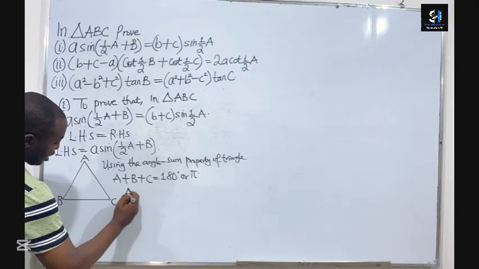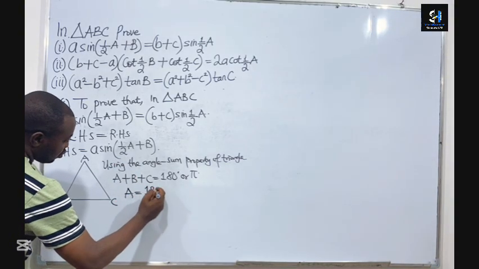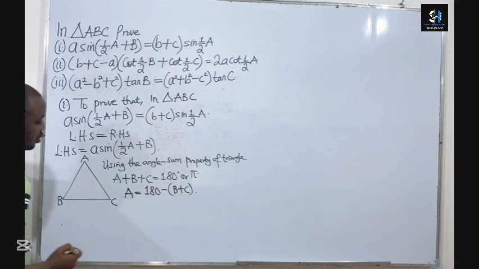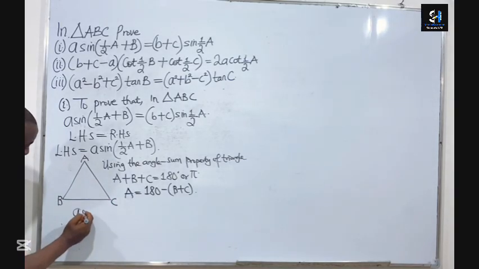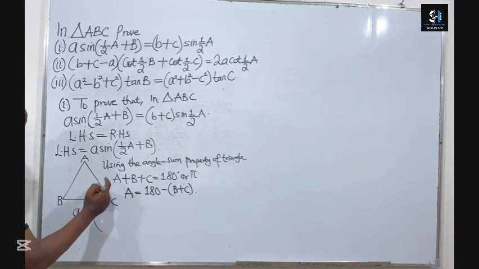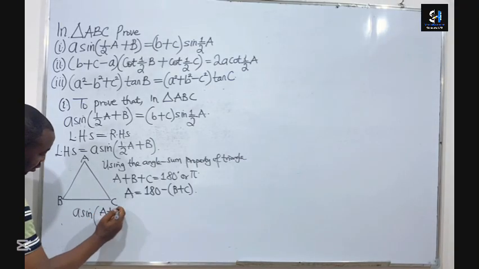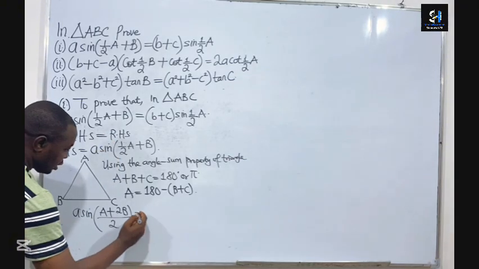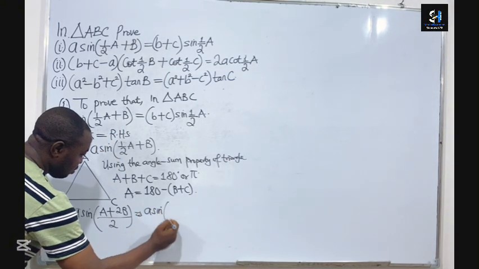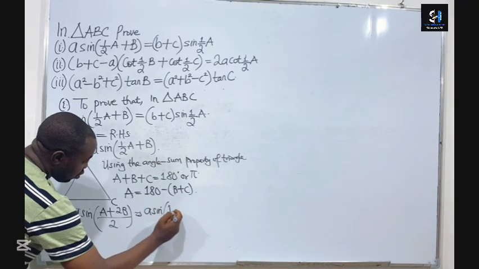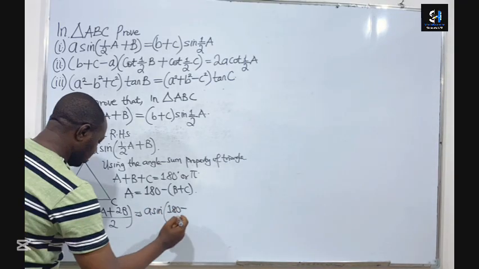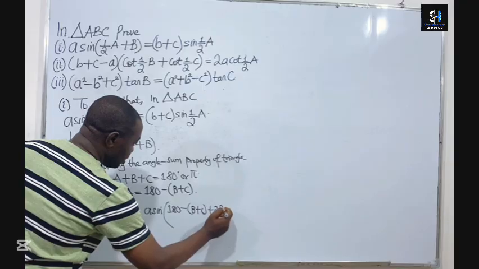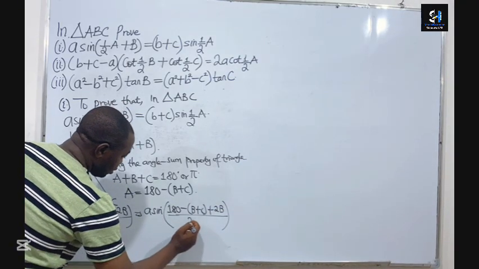So now let's say angle A is equal to 180 minus the sum of angle B and angle C. So it means that a sine of (A plus 2B) over 2. If you simplify this, then this will be a sine of (180 minus (B plus C) plus 2B) all over 2.